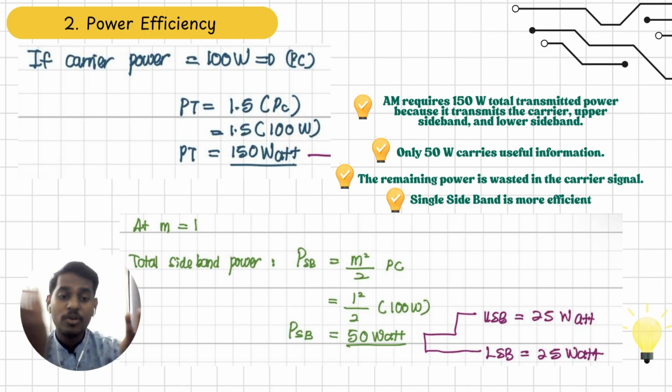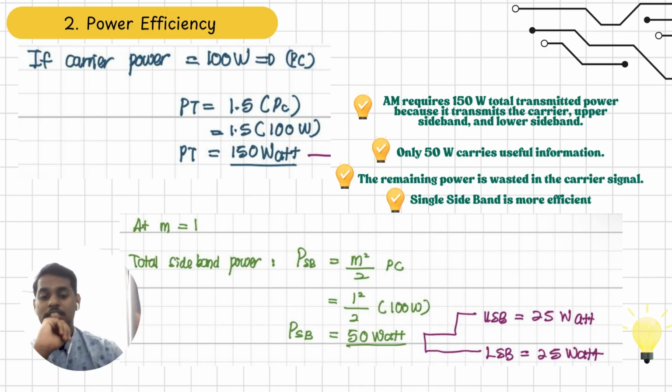The remaining 100 watts, about two thirds of the total power, is consumed by the carrier. So this shows conventional AM is not power efficient, because most of the power is not contributing to sending the message. Hopefully you understand.